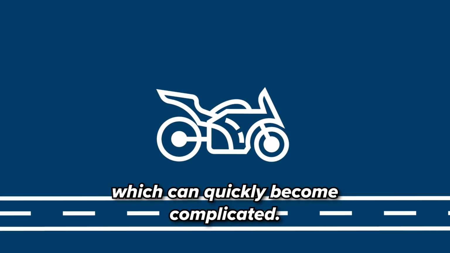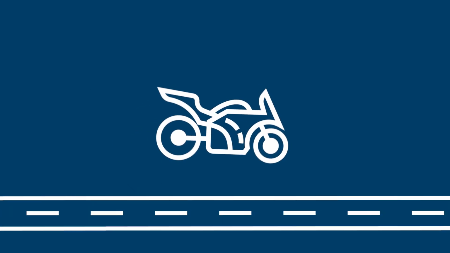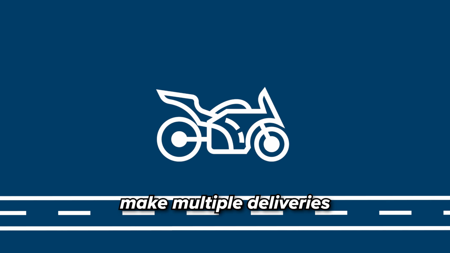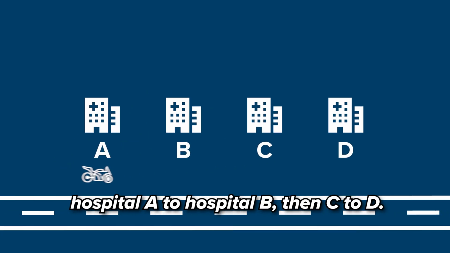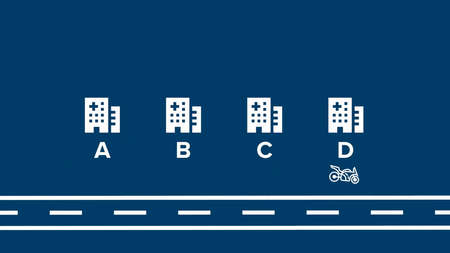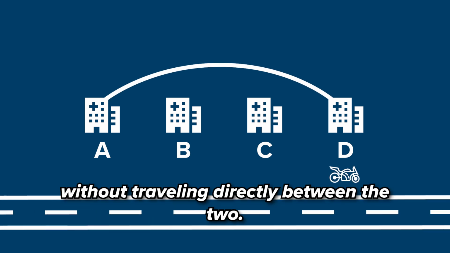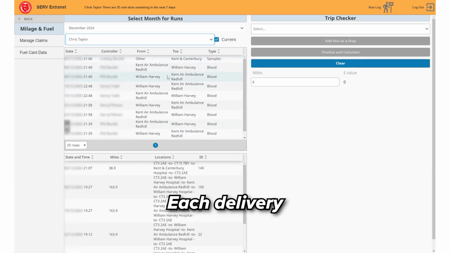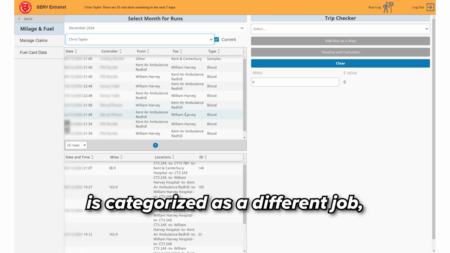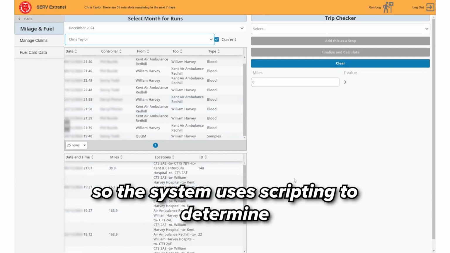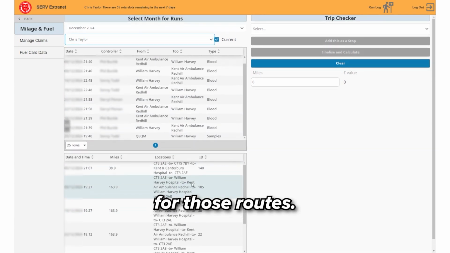SERV Kent needs to track the mileage that their volunteers travel, which can quickly become complicated. Volunteers routinely make multiple deliveries in a single night, going from Hospital A to Hospital B, then C to D. However, they could be making a delivery from Hospital A to Hospital D without traveling directly between the two. Each delivery is categorized as a different job, so the system uses scripting to determine the number of miles traveled for those routes.